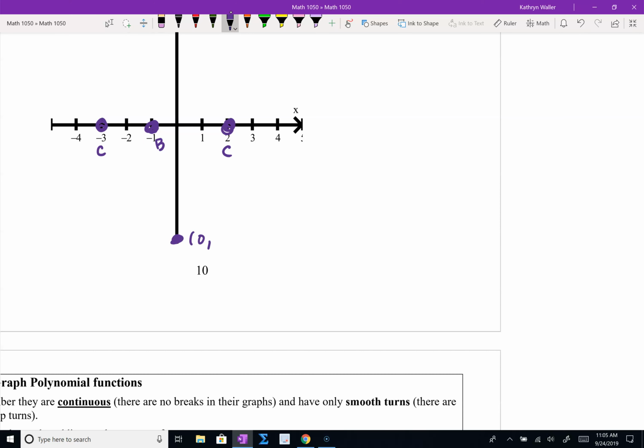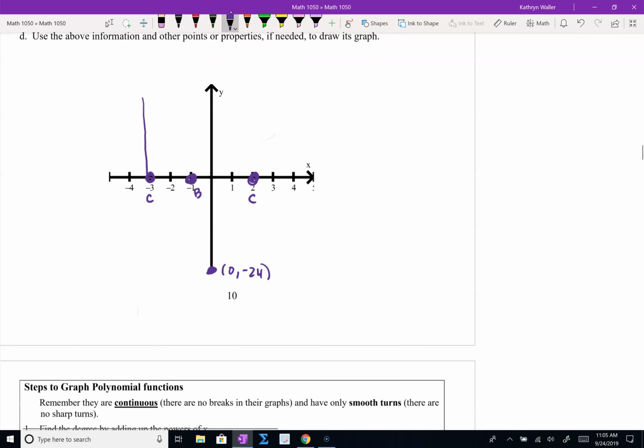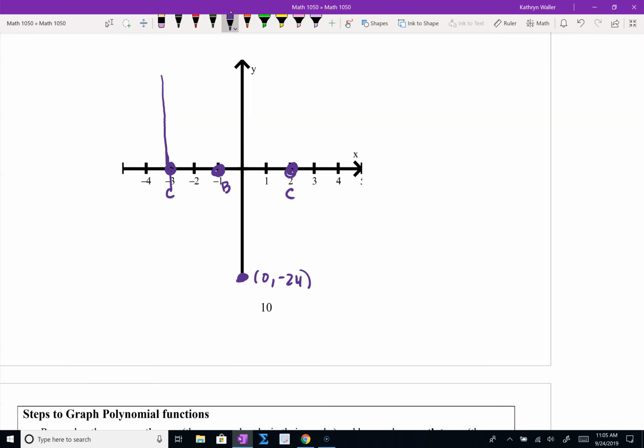So this is 0, negative 24. So now I'm safe. Even though the distance is not the same, if I label it, I'm good. Okay. And behavior is left up. So it's going to be left up, come down, cross through. I have no idea how far down to dip. Come up, hit it, bounce, come down.